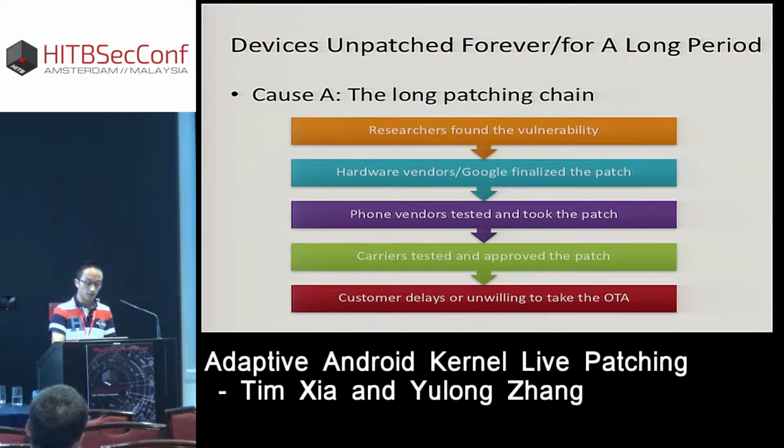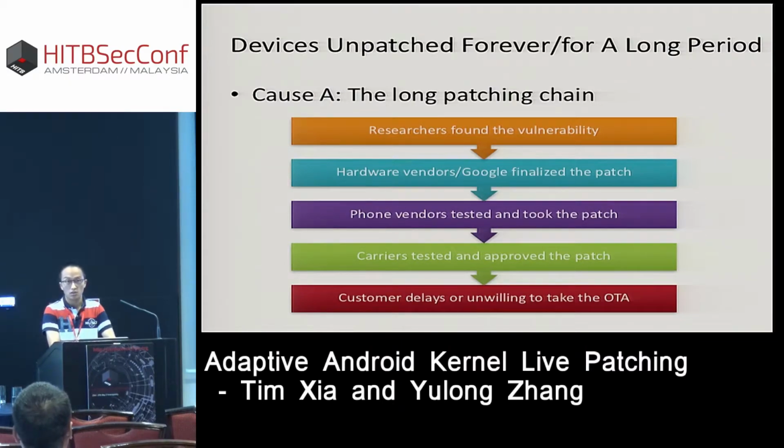Then Google has to notify the vendors to test and take the patch. After the vendors' testing, they have to send the patch to carriers. The carrier has to test the patches again for stability issues and many other issues. After 3 months or more, they can finally approve the patch and send out the OTA, the over-the-air update.